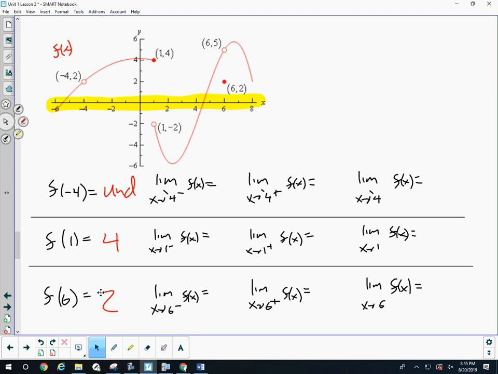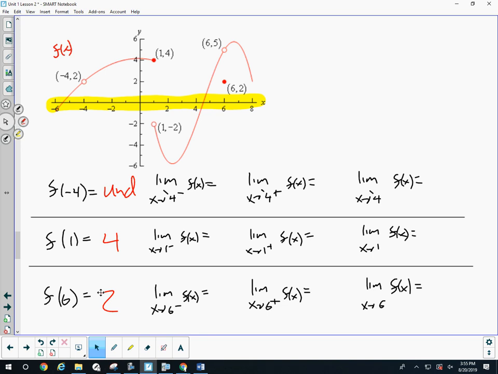Here is my x-coordinate, -4. I'm going to focus on that. I'm not looking at the graph yet. I'm thinking -4 from the left. I'm going to think about plugging in a value very, very close to -4, but just to the left of it. Then I'm looking above and below that. I got nothing below it, but if I look above it, I got a graph.